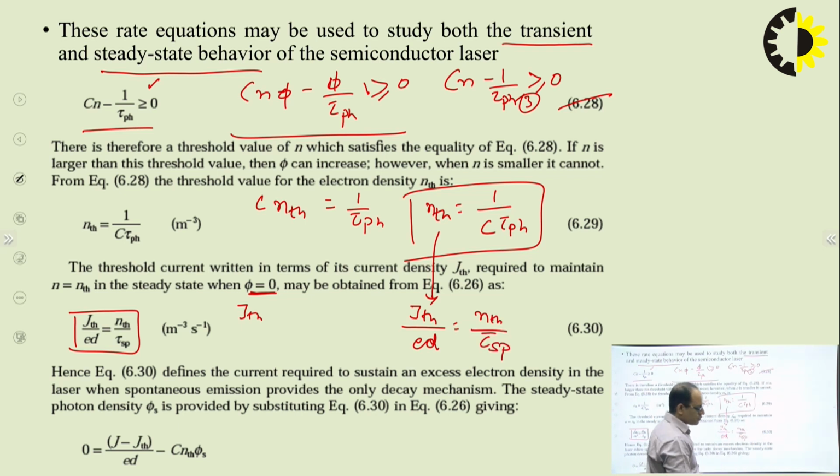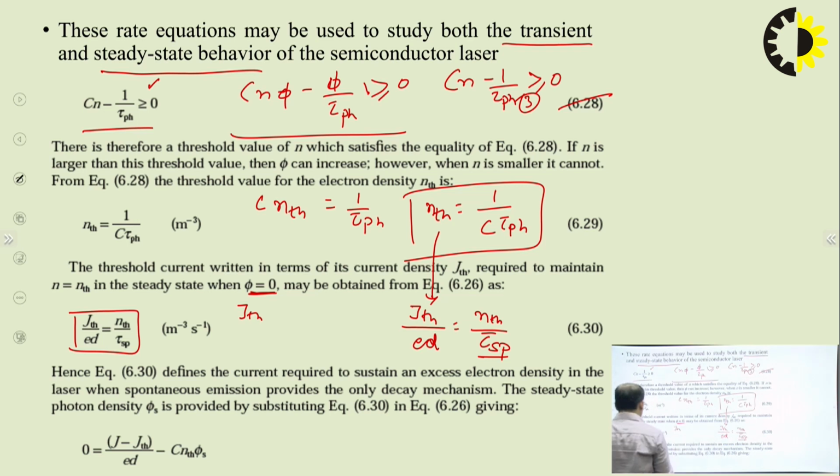Because for an LED we do not have a threshold condition, but for the stimulated emission, for the laser, we should have a minimum current density required to have a stimulated emission or the laser oscillations. So that's why spontaneous emission will always be there. Clear? So JTH by ED is equal to nth by tau SP.